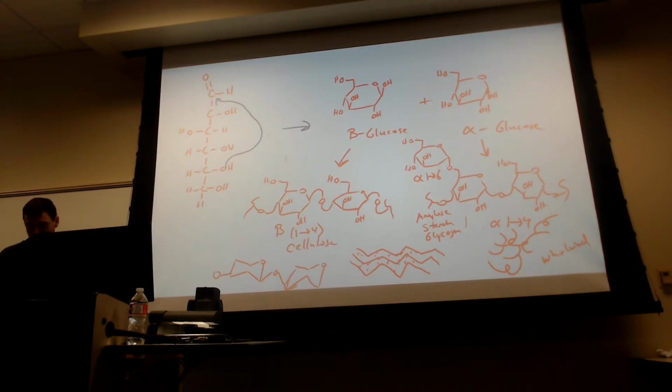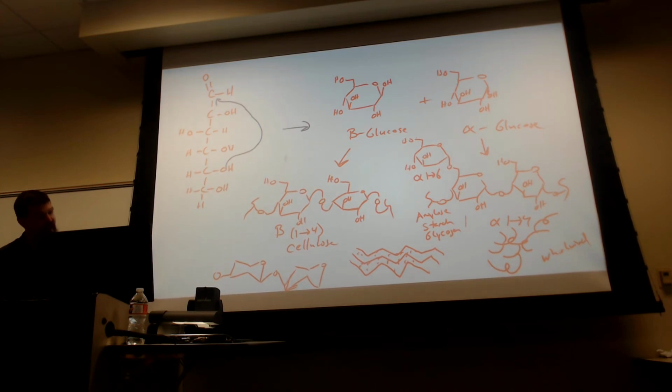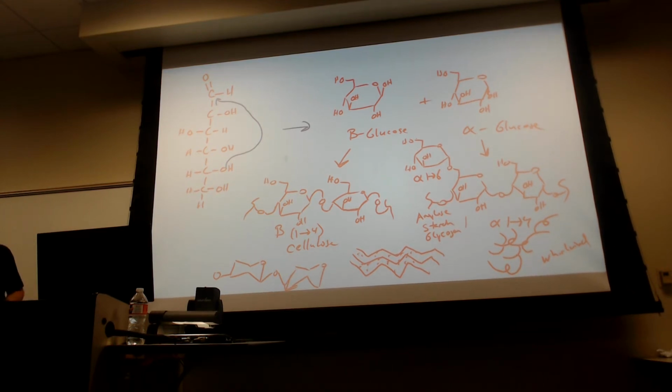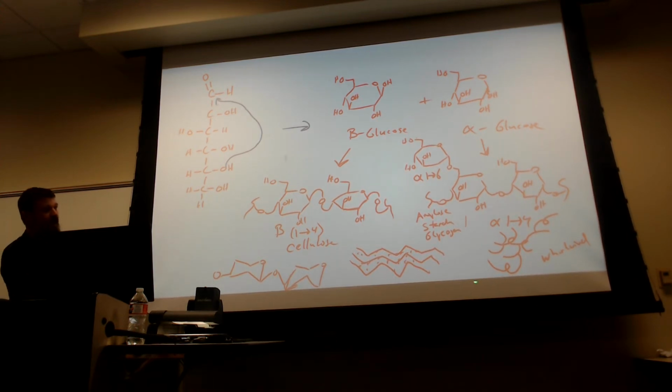So usually I have you draw out things like this, and then you explain, what's the difference? Why does this 1,6, 1,4 linkage, why does the structure that's produced actually make it good for storage of carbohydrates for energy? And we talked about this. Why? Because now we have a large amount of surface area exposed, right?